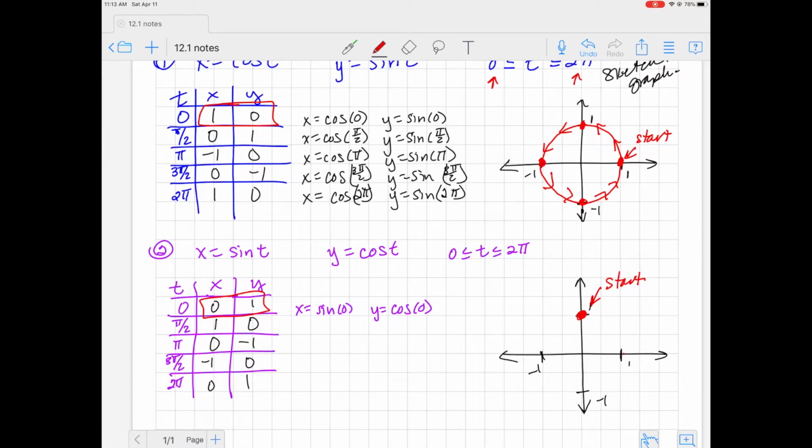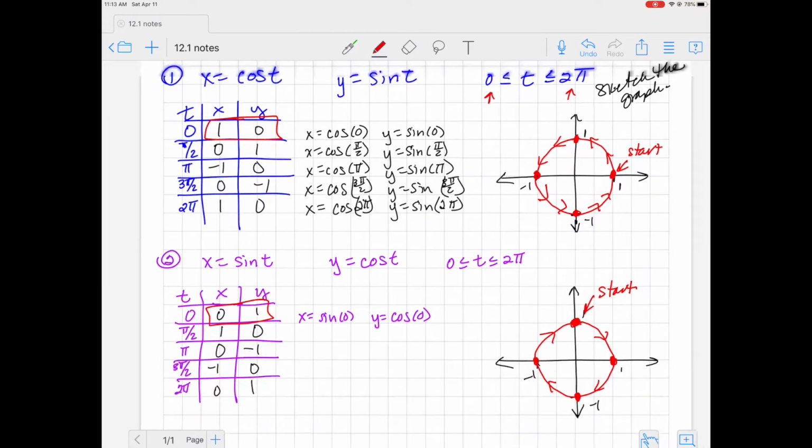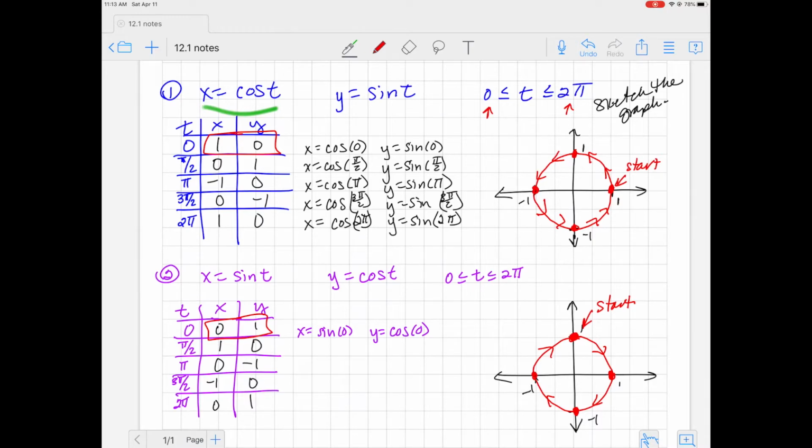Then my next point is (1, 0). What else just happened? Now we're going in the other direction, right? (0, -1), (-1, 0), and back to (0, 1). The only thing that changed here was the fact that I swapped out my x and my y. Not only did my starting point change, but my direction also changed.